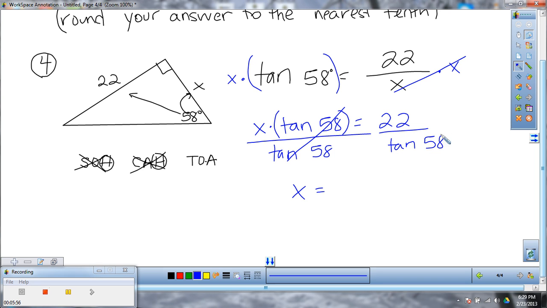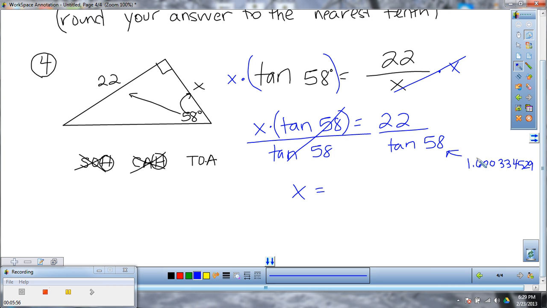Now, tangent of 58 is just a number, and I have to use my calculator to help me find this. When I put tangent of 58 into my calculator, I get a really long decimal, 1.600334529.